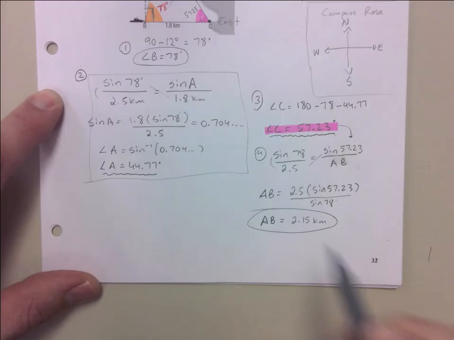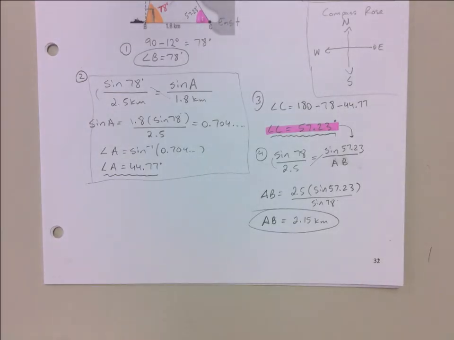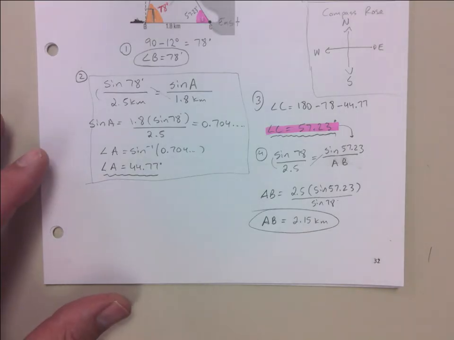We're dealing with kilometers here. So that is my final answer. That's the one I'm going to circle. I'm going to clearly say that is what is answering the question ultimately. Were there a lot of steps? Yes. I would not deny that.